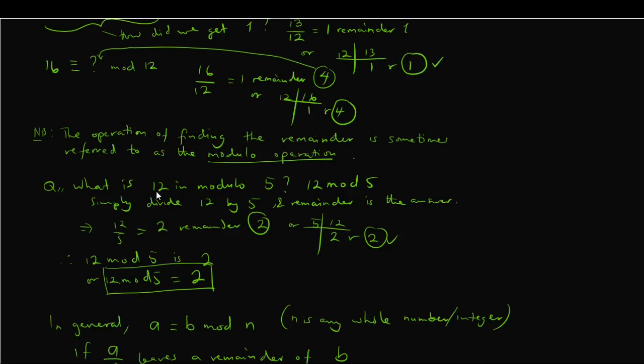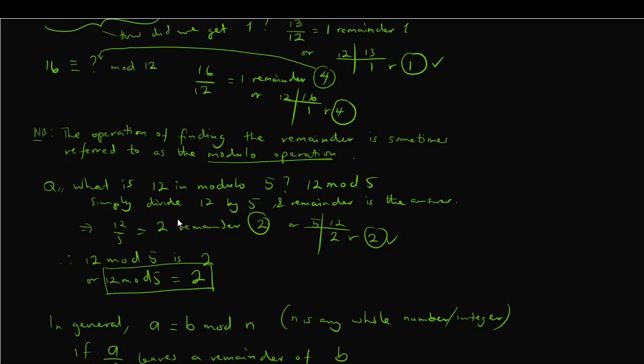So in this case, we want to find 12 mod 5. So we divide 12 by 5, which is the modulus, and then we get 5 will go into 12 twice. So 5 times 2 is 10, remainder 2. So the remainder is the answer. So 12 mod 5 is congruent to 2.